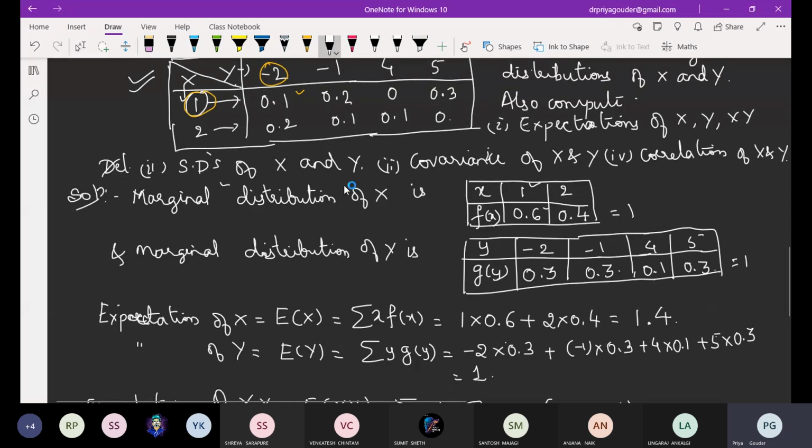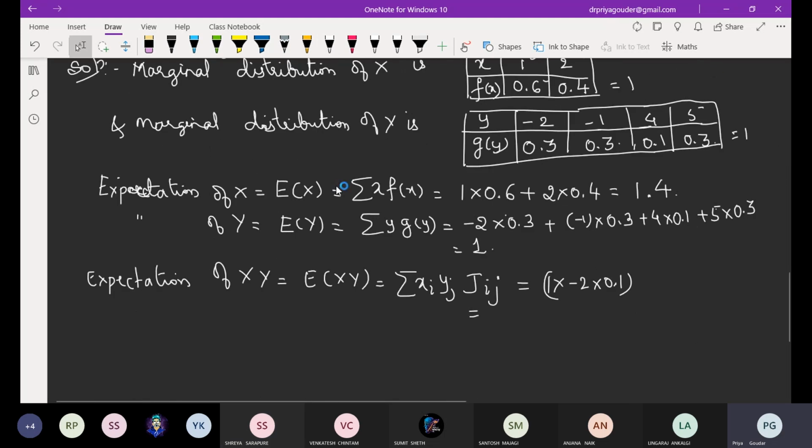What is that? I'll fix my 1 and go on changing the y values. 1 into -1 into what? Which is the corresponding value for 1 and -1? 0.2. So plus, because it is summation, 1 into -1 into 0.2. Can anybody tell me the next one?